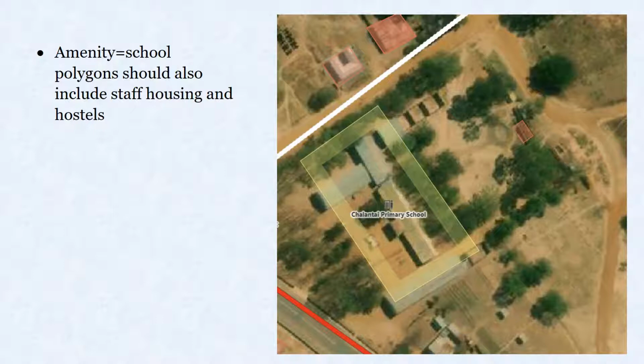And so it's good to have the entire school grounds, which would have the headmaster's house or the hostel for the students that stay there, and not just the building itself.